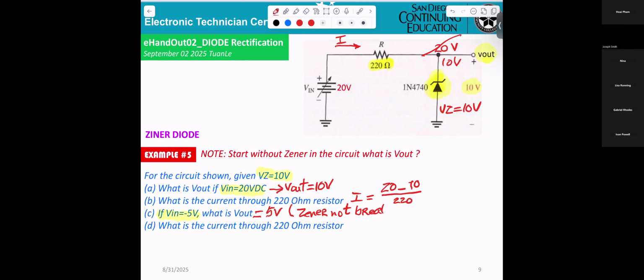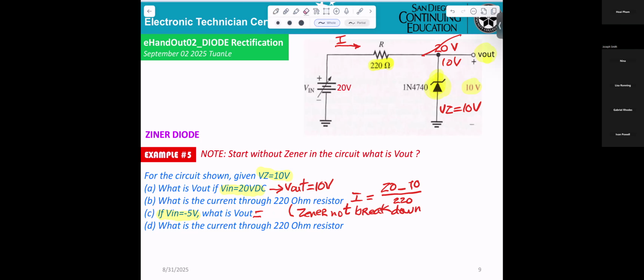Mr. Pham, is that 5 or -5? Why, how come you get negative? You got V in equal to -5. Sorry, V in is negative, yes, minus 5. So then V out would be -5.